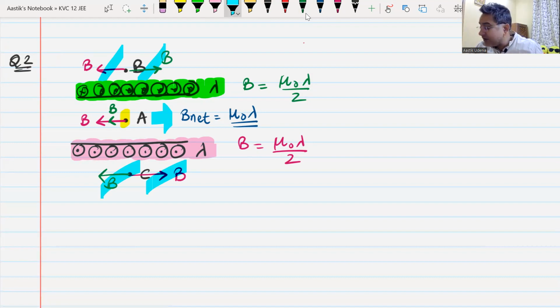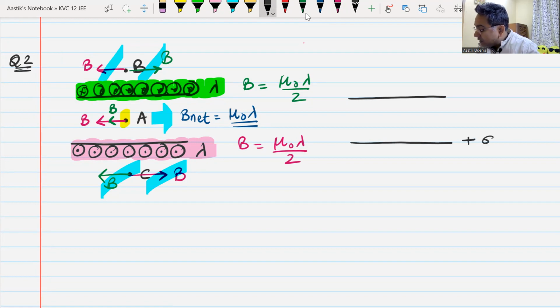This is the same as two parallel infinite sheets, which we did some time back. One was having plus sigma, the other one was having minus sigma. The field at any inside point was sigma by epsilon naught.